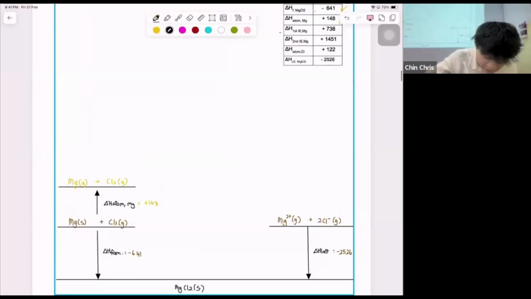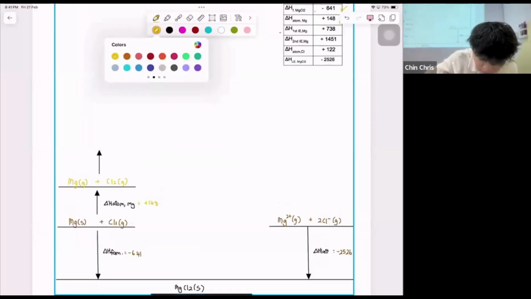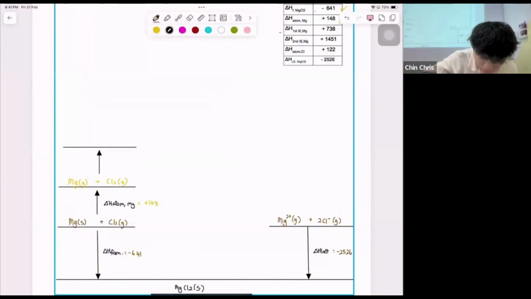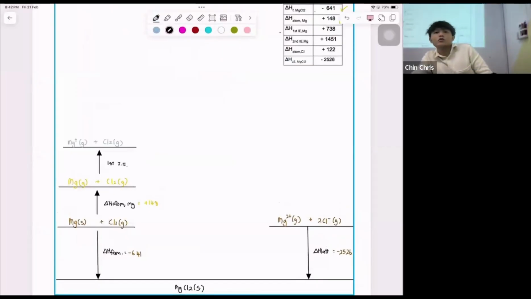All right, guys, next. Mg turns into Mg+, right? So this is your first IE, right? Then, guys, how do you turn Mg+ into Mg2+? Your first IE value is 738, right? Put it down.